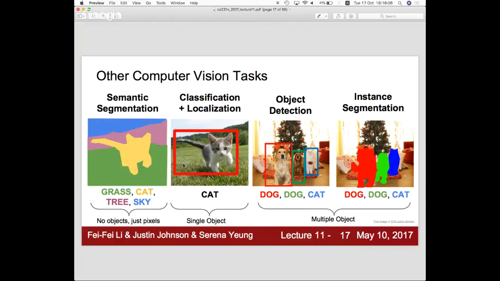The input is the same picture, but the output does not show the possibility of this picture. The output is that we need to split the whole picture and tell the user, okay, in this picture we can split into four parts: grass, cat, tree, and sky. So the problem changes a lot.